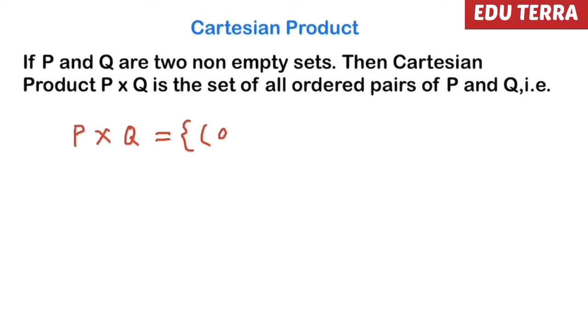Look here, P cross Q equals (a, b) such that a belongs to P, meaning the first element always belongs to the first set, and the second element b belongs to Q. It means a is an element of P and b is an element of Q. This is known as the Cartesian product.